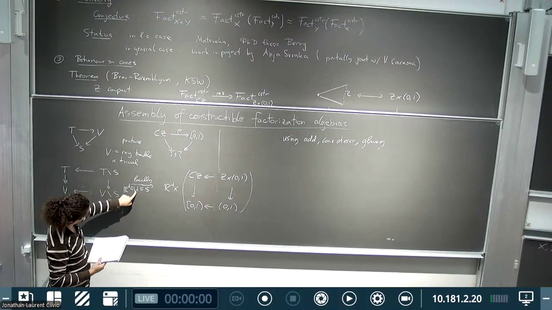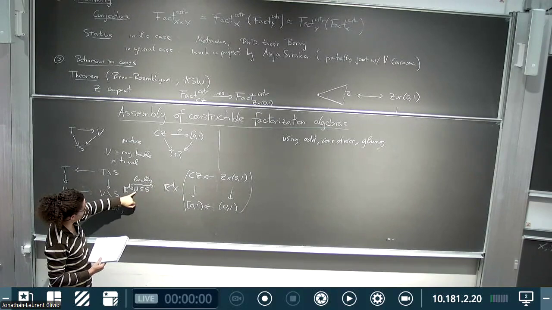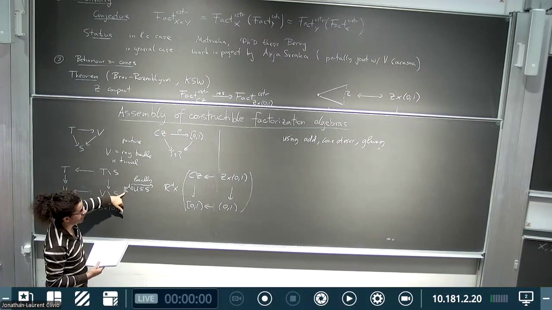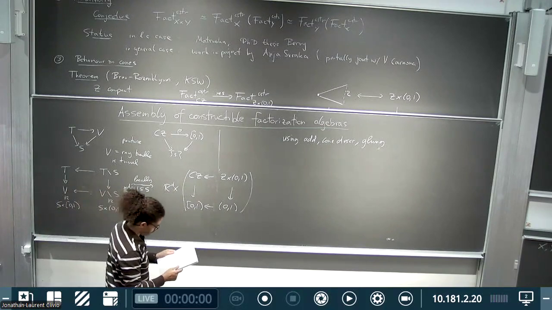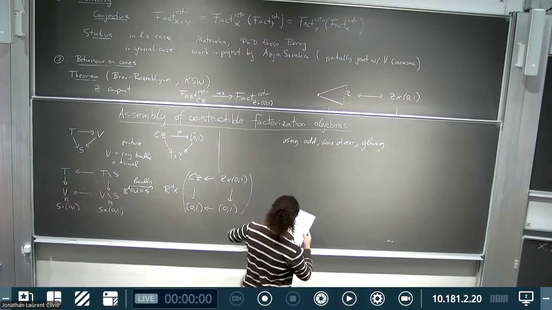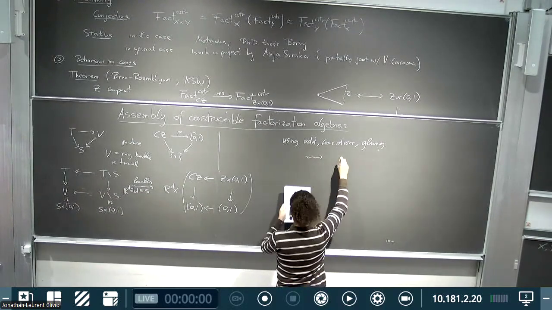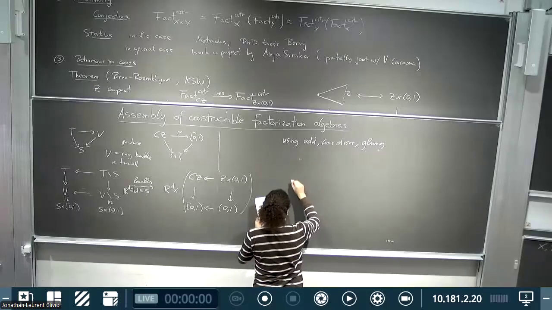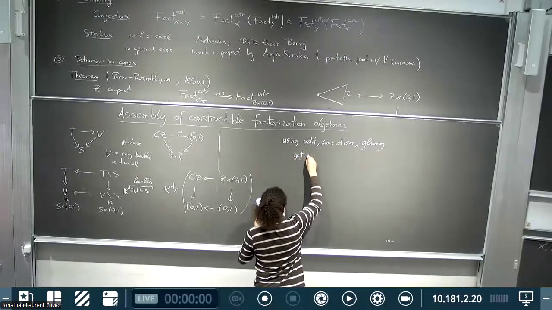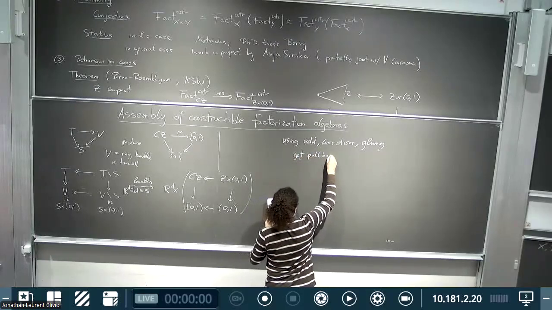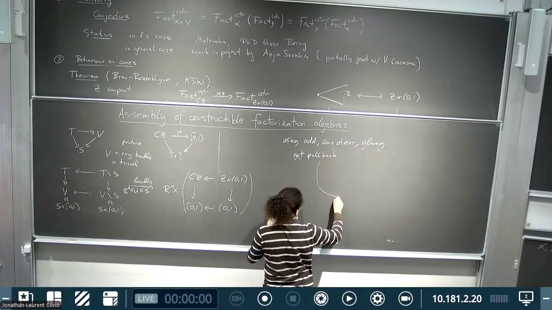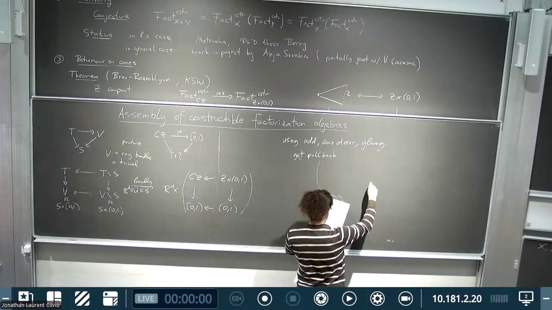And here you can really choose. Since it's an ordinary manifold, you can really choose a cover of U's by things that are R^d's, such that both intersections are again R^d's. And so all this to say is that when you put all of this together, you get a pullback diagram like this. You get a pullback. I will draw it below, and then there will be one more thing coming above.